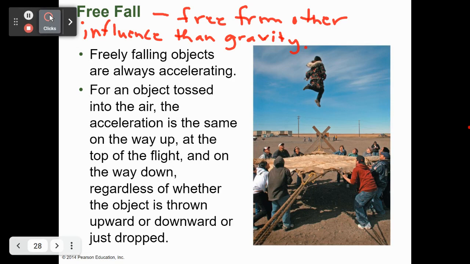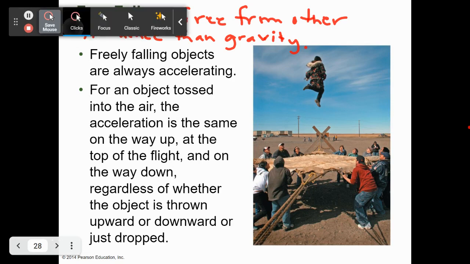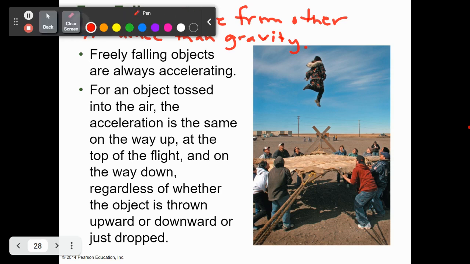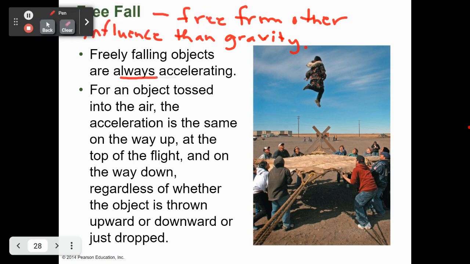So if you look there, free-falling objects are always accelerating, so you need to know that. For an object tossed in the air, the acceleration is the same on the way up and on the way down, regardless of whether it's thrown upward, downward, or just dropped.